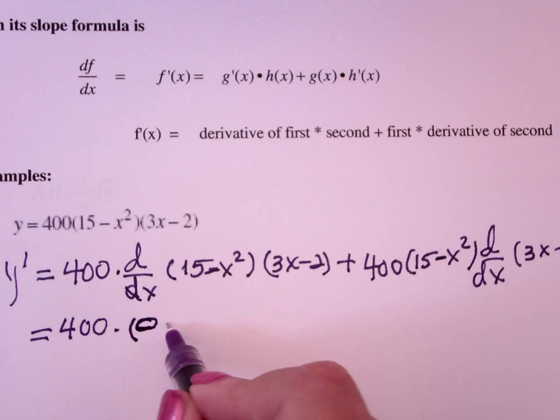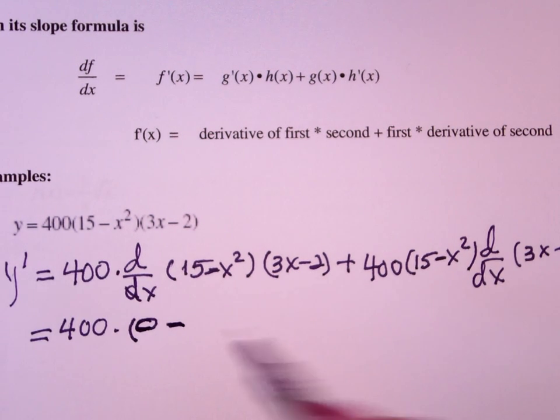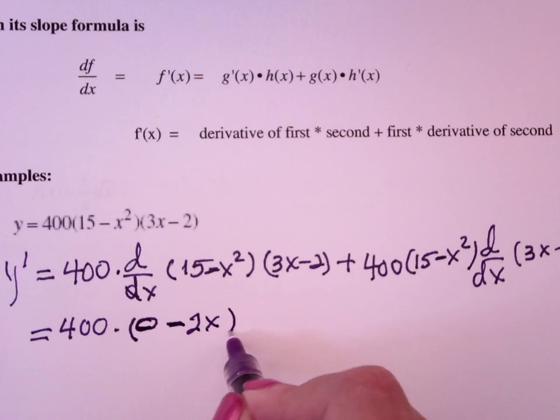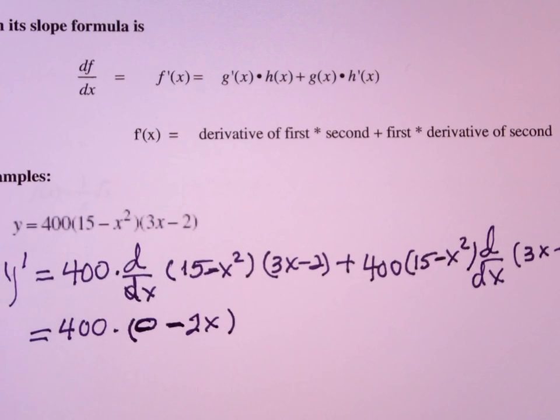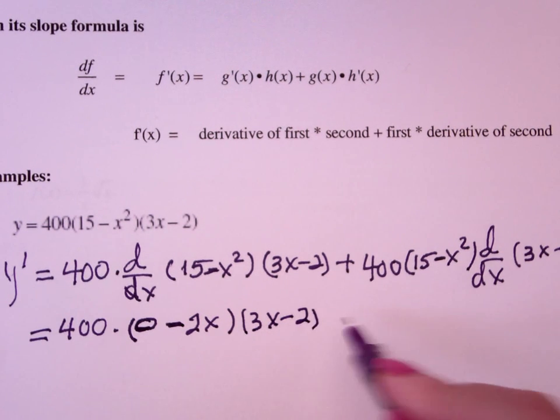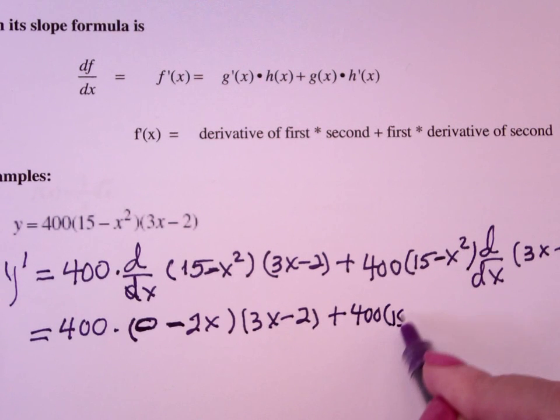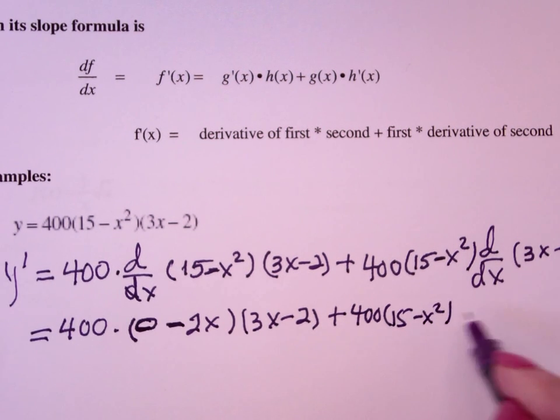So it's 0 minus the derivative of x squared, which is 2x. So that's the derivative of the first times the second, plus 400 times the first times the derivative of the second.